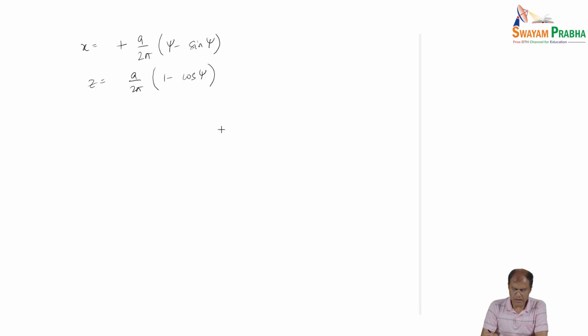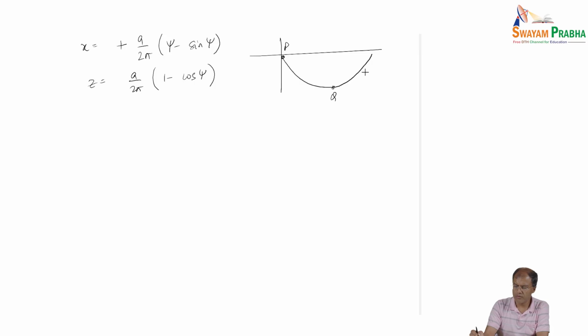Okay, so if we were to draw this motion in the first quadrant, the motion of this particle, let's say from P to Q, is going to eventually follow the motion of a particle on the rim of a tire, and that is why this motion is also called the so-called cycloid.